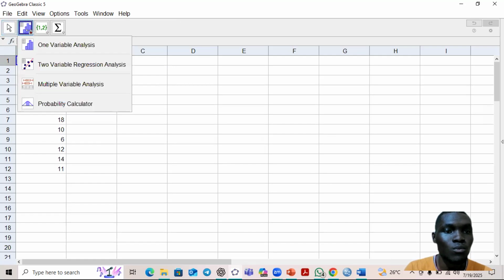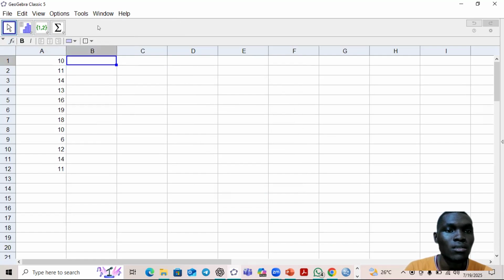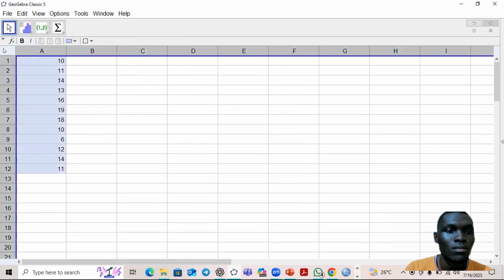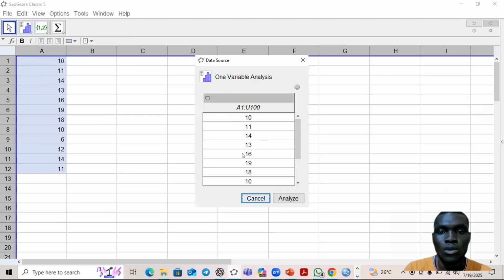So the first thing, you know that a histogram is a one variable analysis. So go to one variable analysis. You can see the list of values here. Then we analyze.